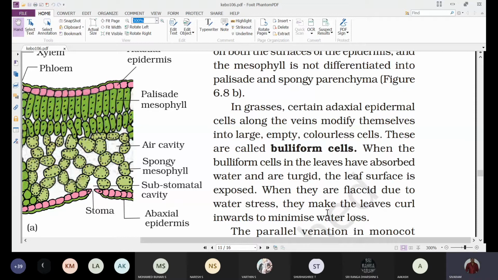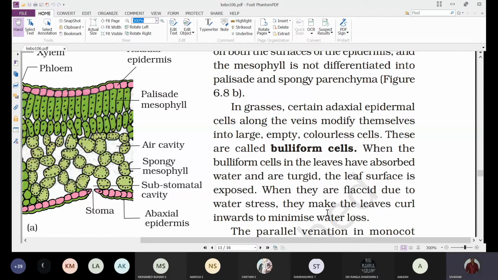As they roll, the surface area is reduced so that they can reduce the water loss by transpiration, by reducing the absorption of heat. So this rolling and unrolling of the leaves is due to the presence of these specialized cells called bulliform cells, near the epidermis, at the region of the veins.